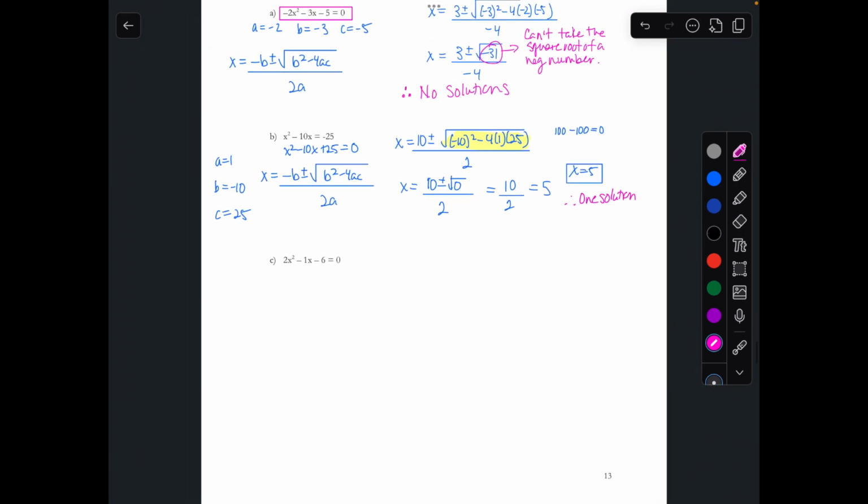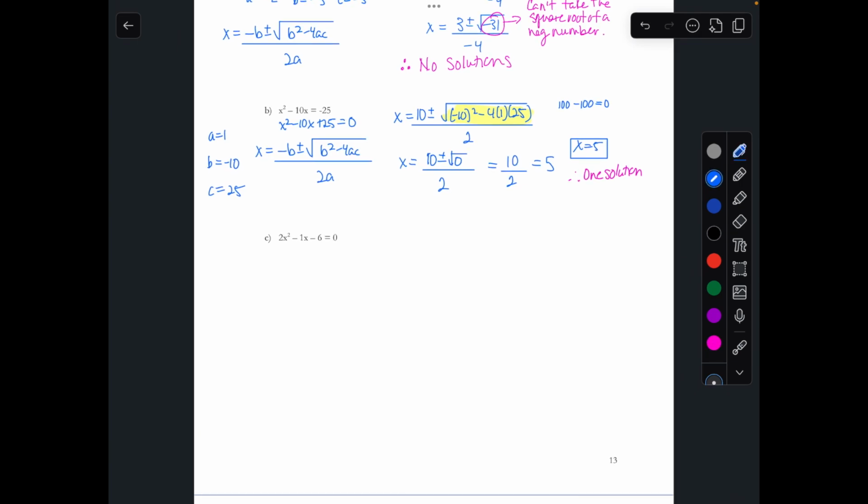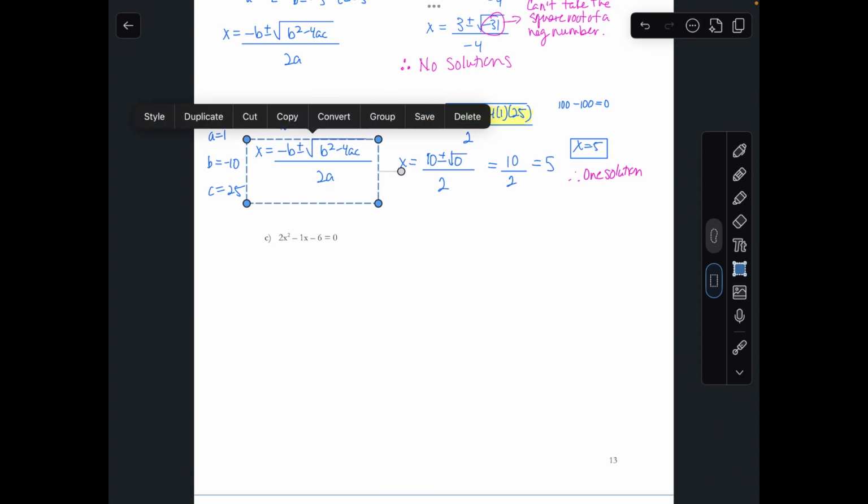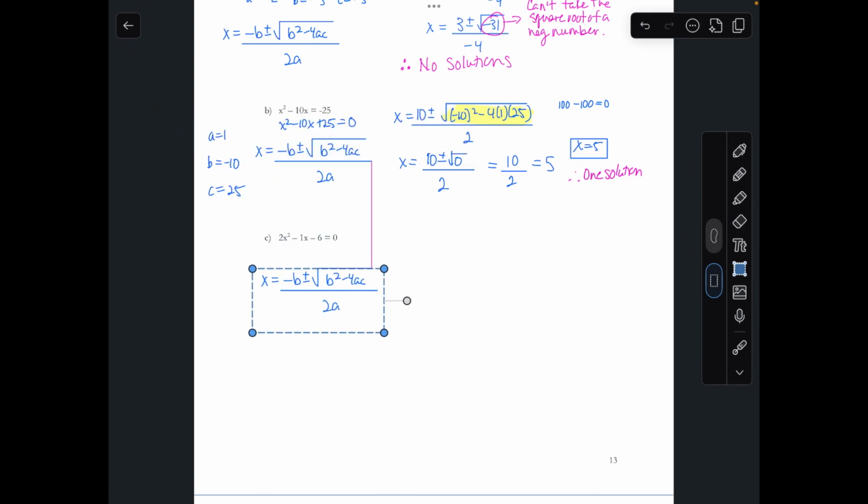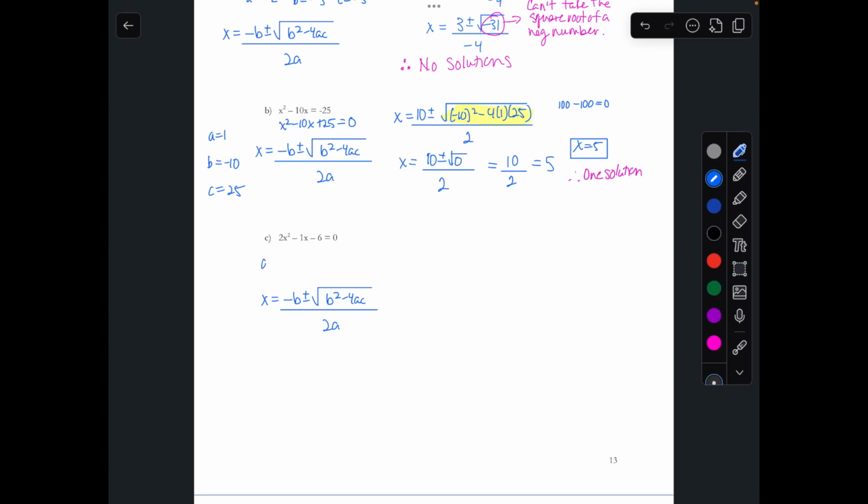Okay? So last one, I'm going to copy paste this again. All right, so what do we get? We've got a is 2, b is -1, c is -6. So I get x equals -b plus or minus the square root of b squared minus 4ac over 2a, which is 4.